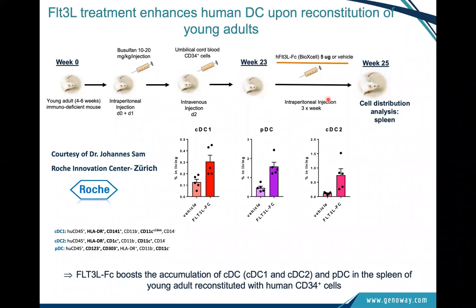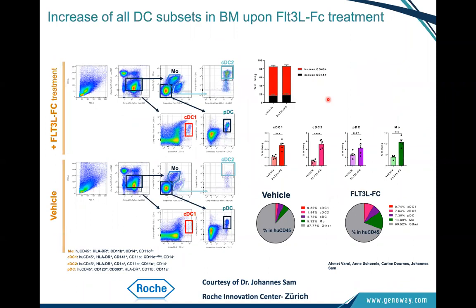The same study was also seen here in bone marrow, and they were also able to detect those in these mice which were reconstituted starting from young adults. So if you want to do the reconstitution by yourself, you have the right to do so, and in that case, you could indeed do the reconstitution on young adult mice.